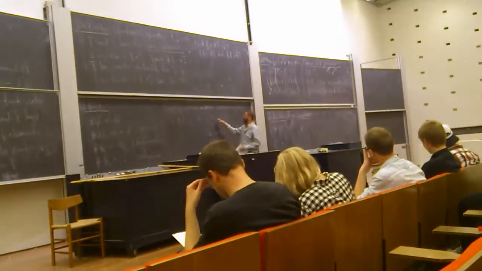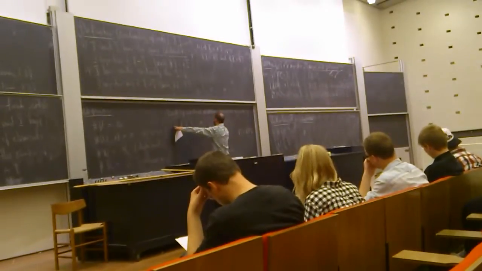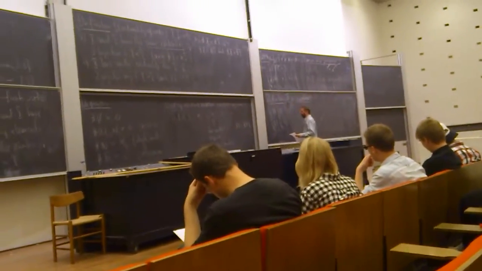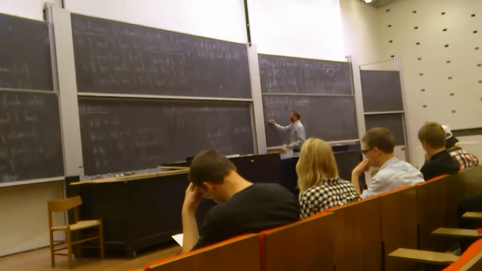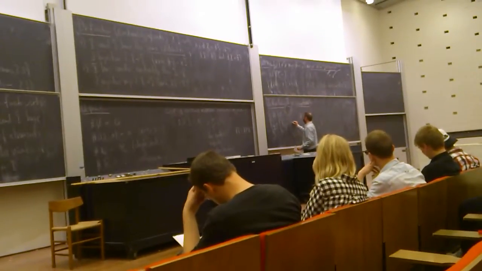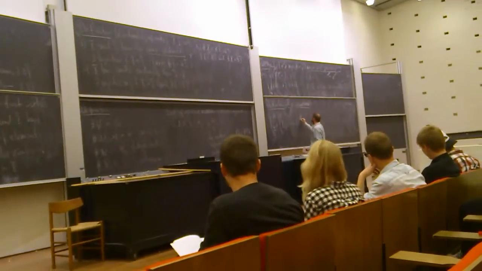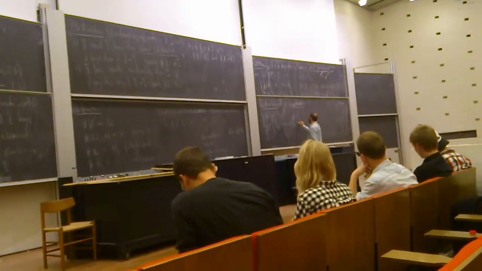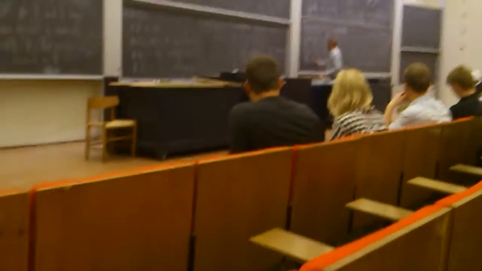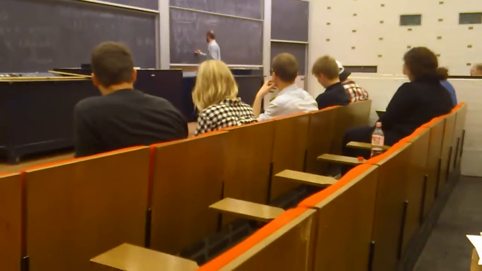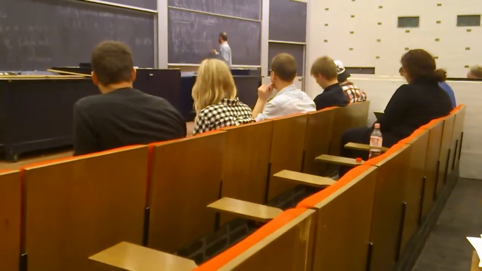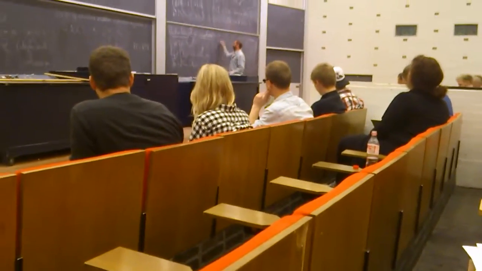So that means that the cardinality is here. Hence, let us look at this fact: X is countable if and only if one of the following holds. There are three possibilities.